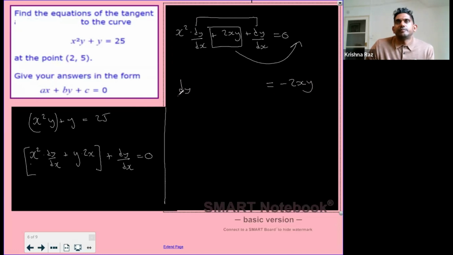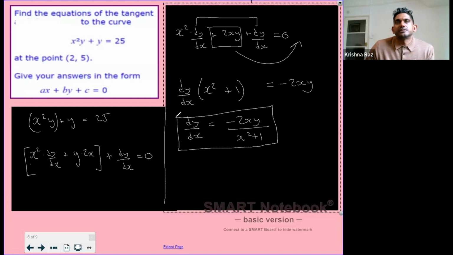And I'll have a dy by dx multiplied by x squared plus 1 on the left-hand side. So now I can make dy by dx the subject of the equation. So there's the gradient function.